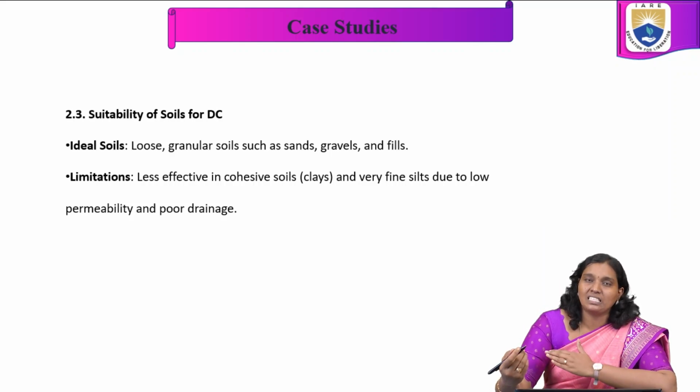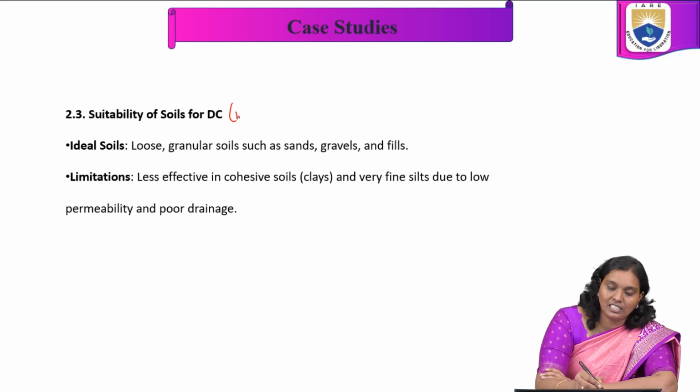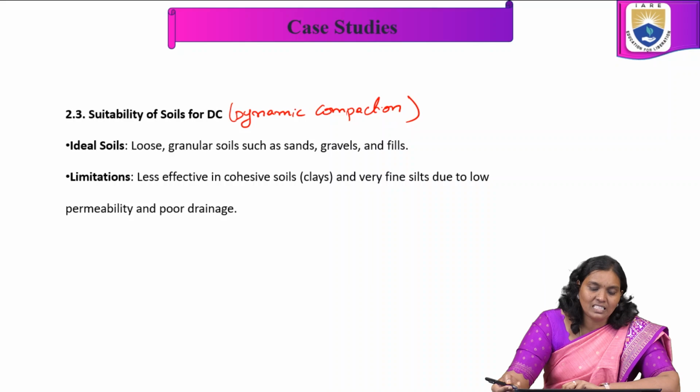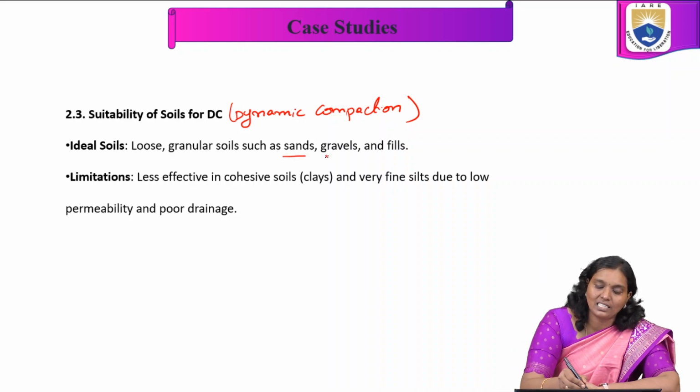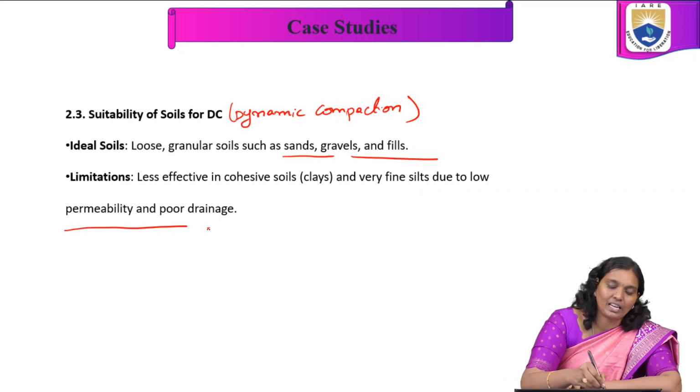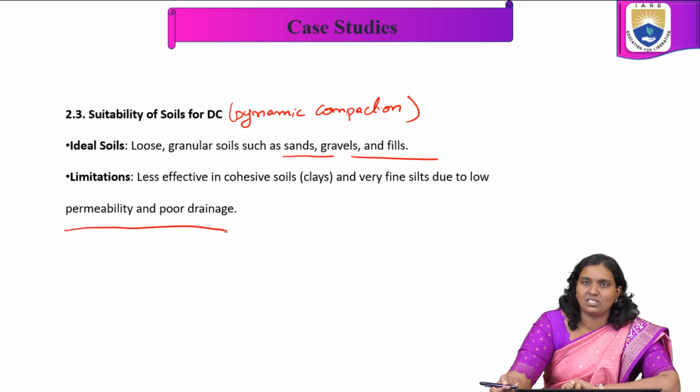Where we are using this dynamic compaction, this DC, is nothing but the dynamic compaction technique which we chose for this particular Yamuna Expressway. It is ideal for loose granular soils such as sands, gravels and fills. The limitations are that it is less effective in cohesive soils and very fine silts due to low permeability and poor drainage.